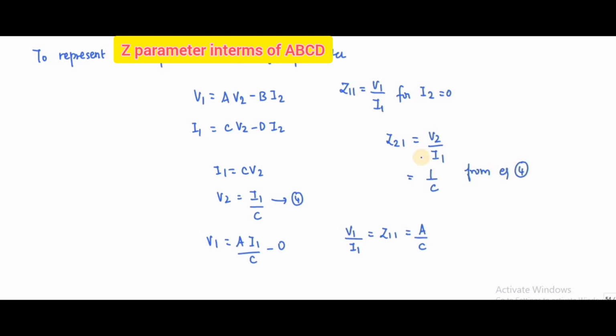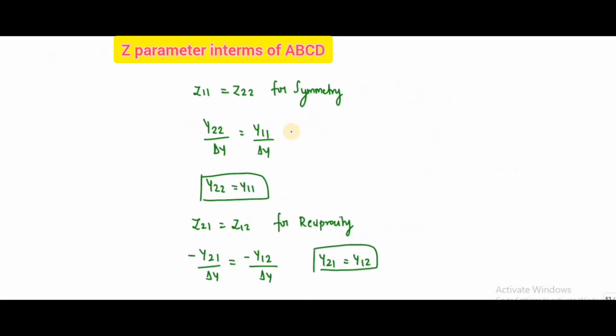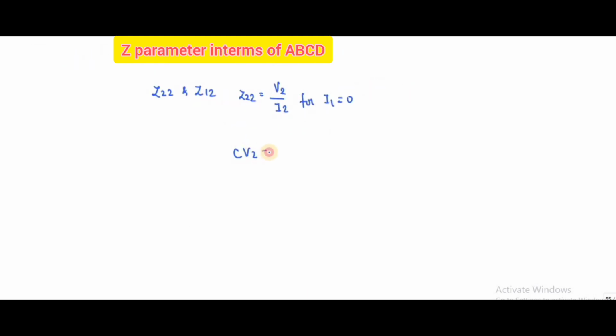Next, I need to find the value of Z22, that is equal to V2 by I2 for I1 is equal to 0. If I1 is equal to 0, CV2 is equal to DI2, right? So V2 by I2, that is Z22, is equal to D divided by C.